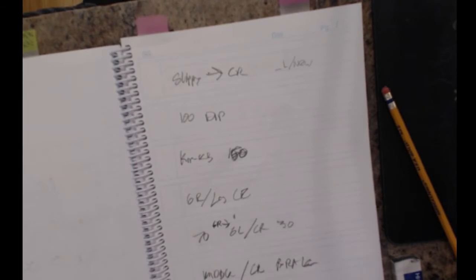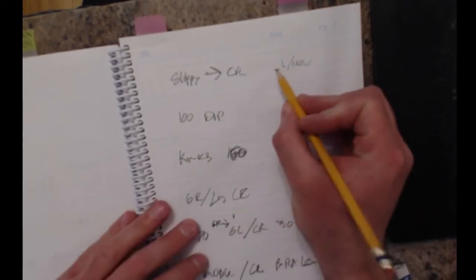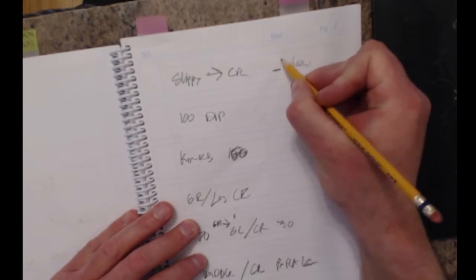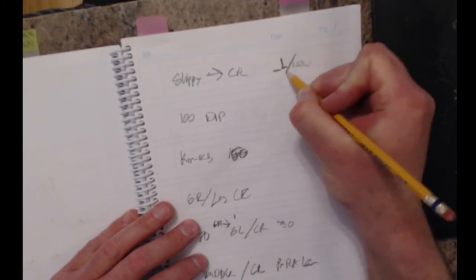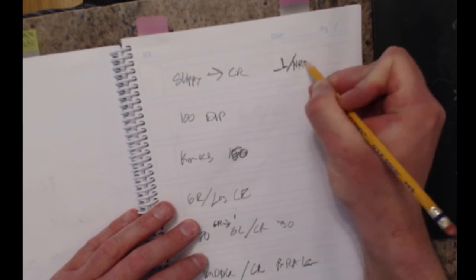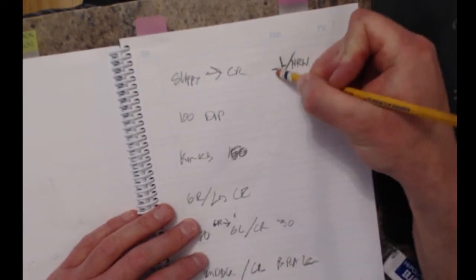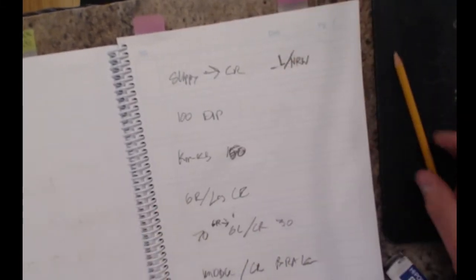And then we've got a slippy into crest, flat left, narrow. I'm going to go ahead and leave that and punch up this flat left over narrow because it's getting lost there. So you want something that's going to be easy to read.